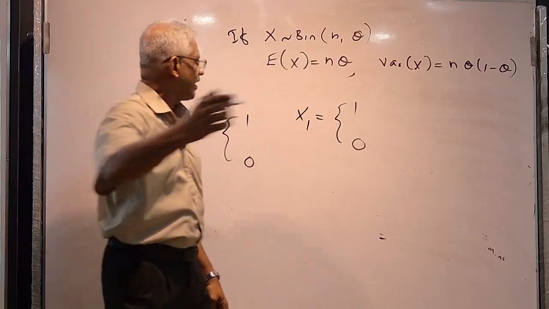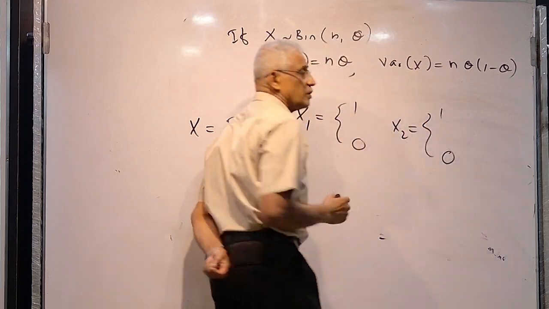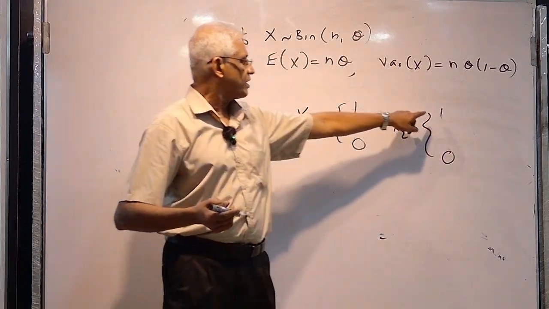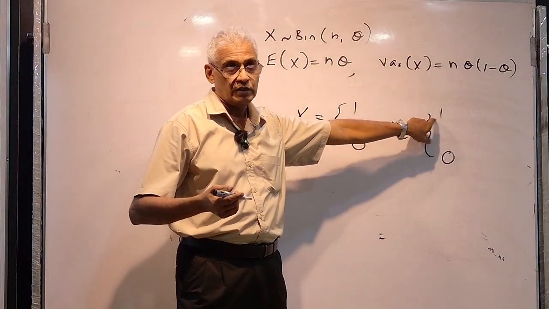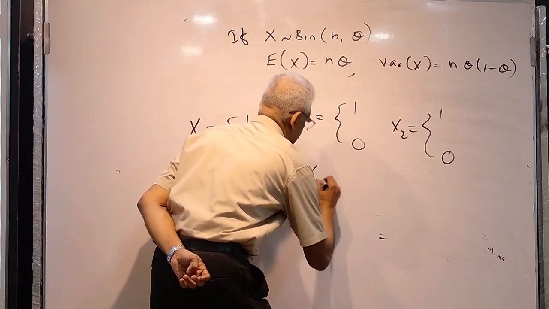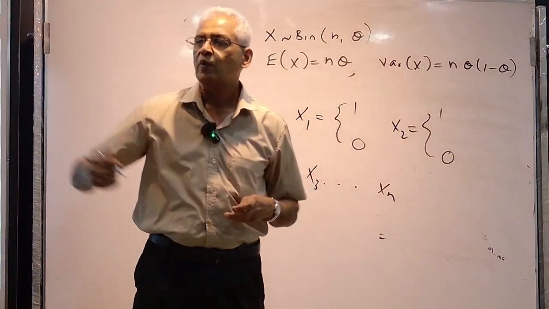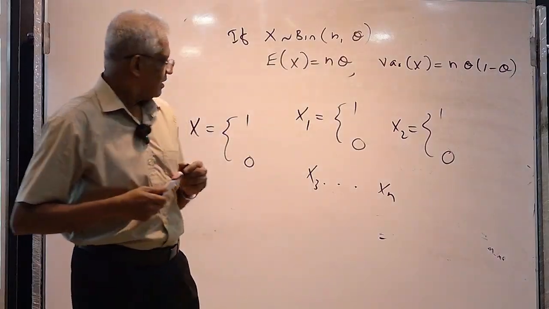Now, let's look at the second trial and define, based on the second trial, again 1 or 0. If the second trial gives you a success, x2 will be equal to 1, otherwise 0. Like that, let me define x3 up to xn. Each x1 up to xn is a 0 or 1, right?